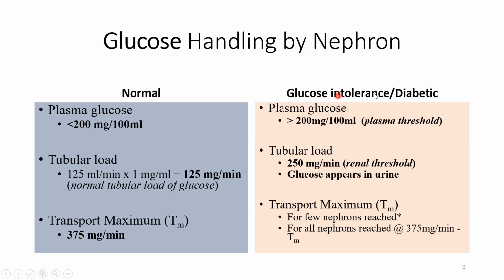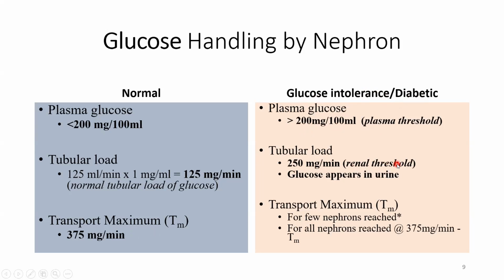Now we look at the glucose intolerant or the diabetic person. What happens to these values here? You see that plasma glucose is always high. So the plasma threshold, which was less than 200, has been overwhelmed. It's more than 200. Tubular load is now calculated as 250 milligram per minute, which is now the renal threshold.